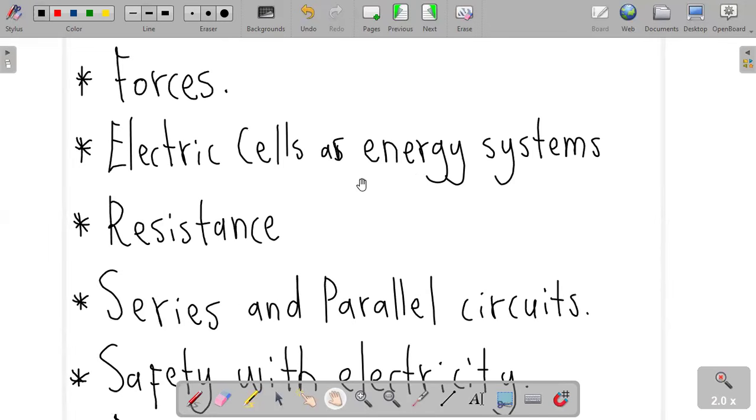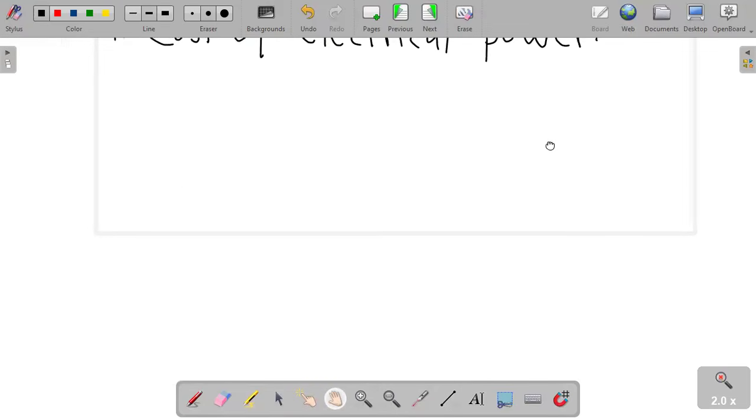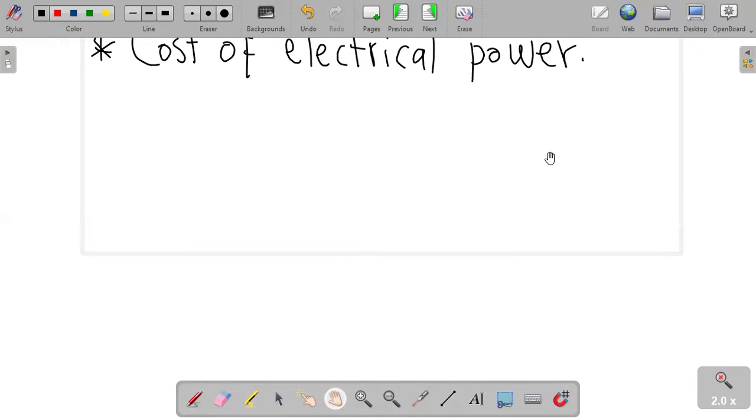Let us get into the first topic here, because I have a small introduction about forces. I just want to give you an idea about the topic.